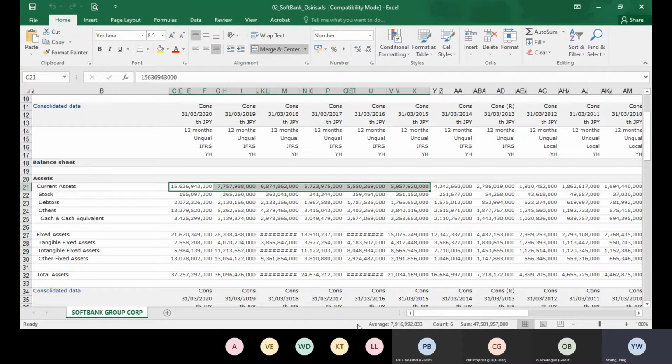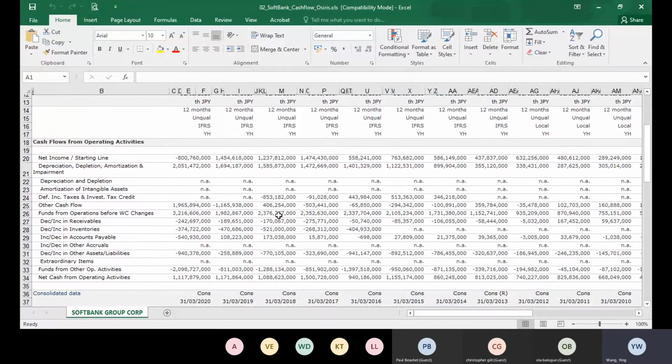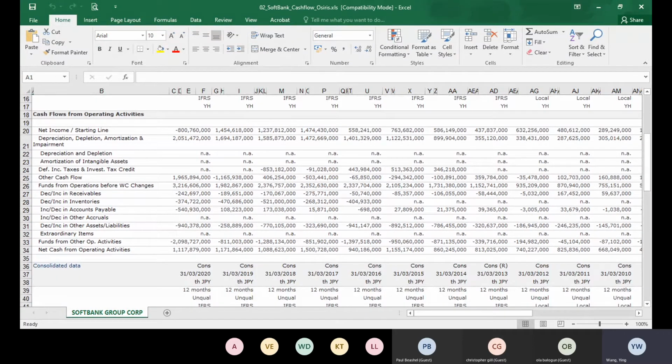Instead of that, you can use another way to carry out analysis, which is vertical. Let me show you another spreadsheet. So this is the cash flow statement, another statement that shows all the cash flow in a business.